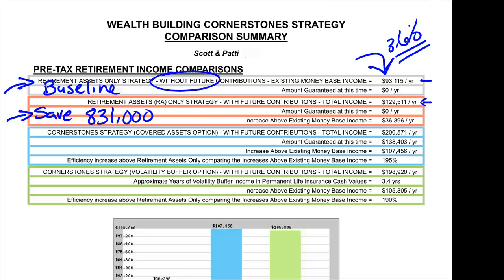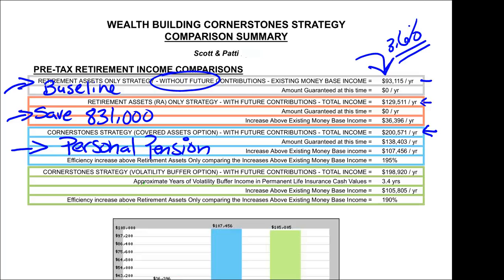Now, when we add in the life insurance as a balance to your retirement assets, we call this the covered option here in the blue. This is the covered option, and when we add that life insurance, you are then able to pick up and choose, if you want, to get a personal pension. A personal pension allows you to increase your income to $200,000 a year.